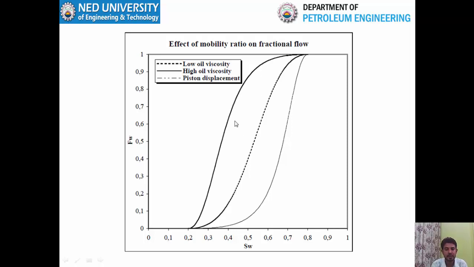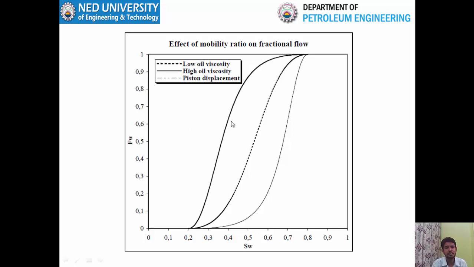We draw a tangent to this graph, and from the point of tangency we estimate SWF and FWF, and from the tangent at FW equal to 1 we calculate SW bar. We saw what SW bar and SWF mean. The higher the SWF and SW bar, the higher the oil recovery you can expect from a given flooding process.